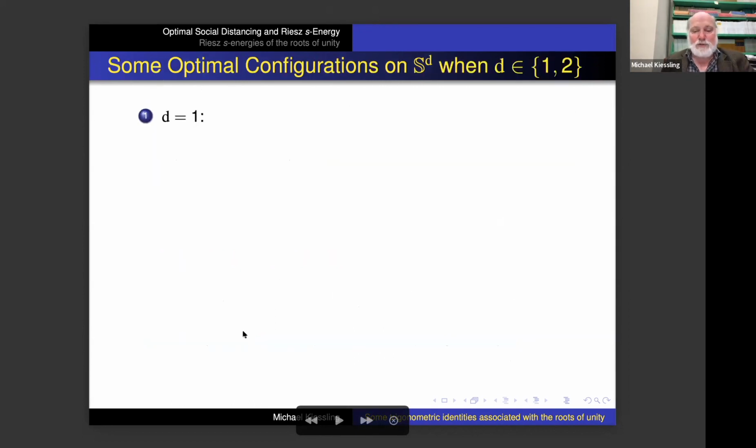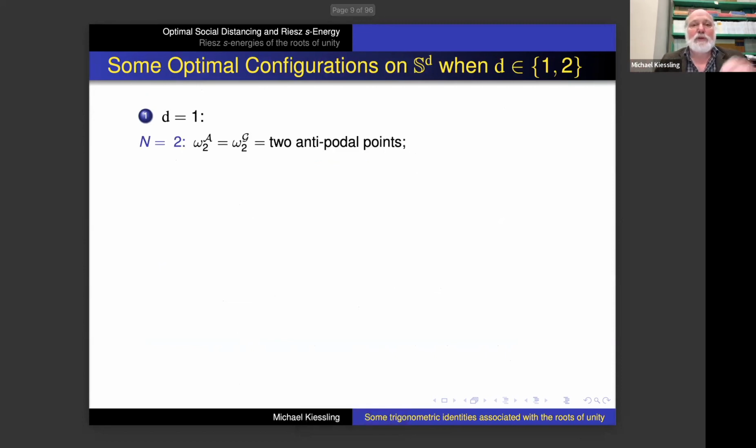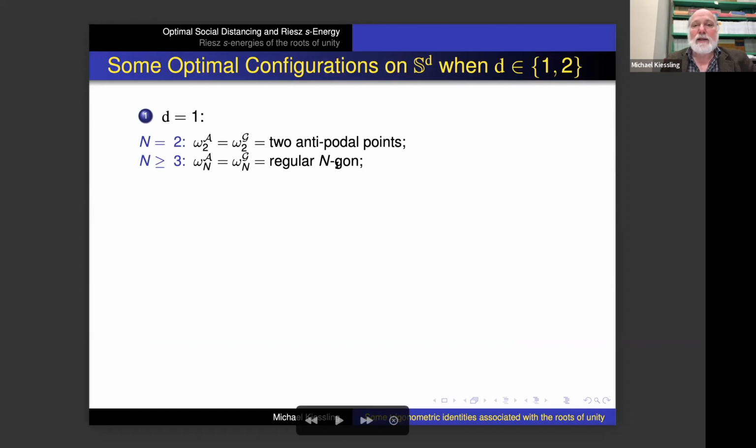Here is a potpourri of some optimal configurations. On the circle, everybody knows that with just 2 points, the optimum is when they are antipodal. With 3 or more points, it is known that the optimizer is a regular n-gon, namely the roots of unity up to rotation. d equals 2 is more interesting.